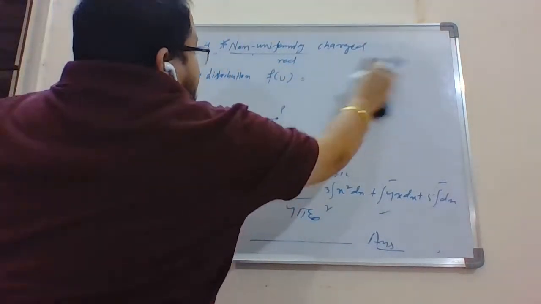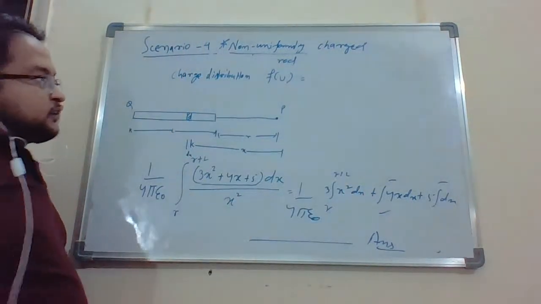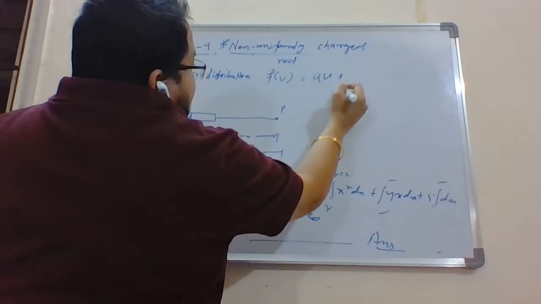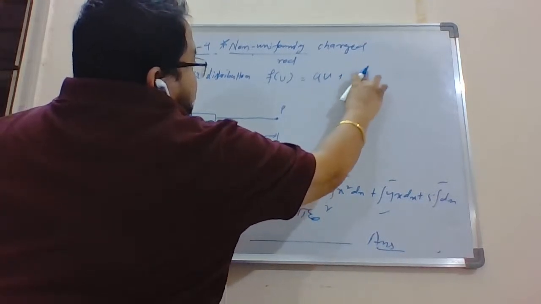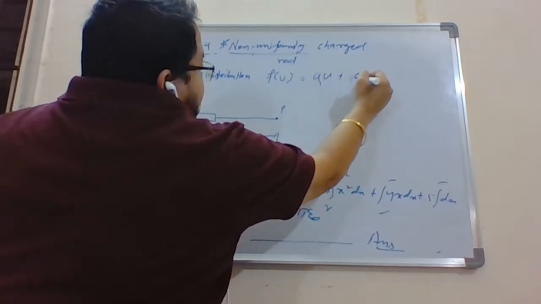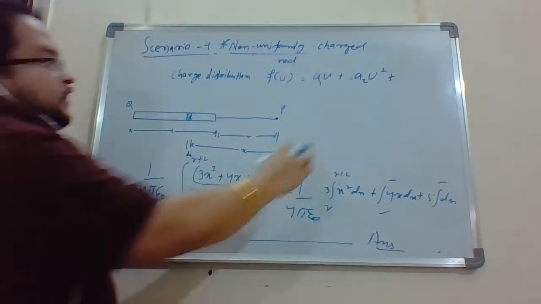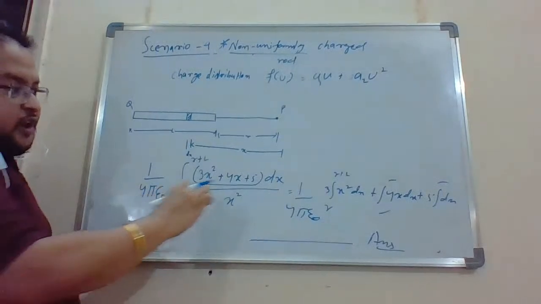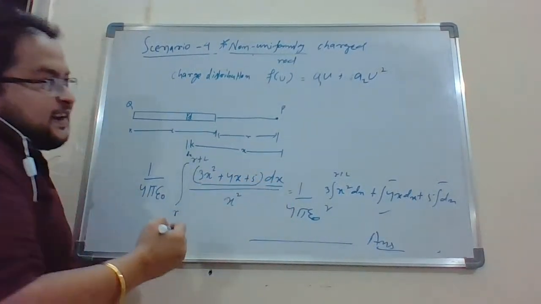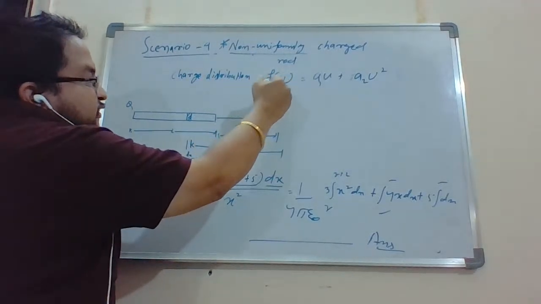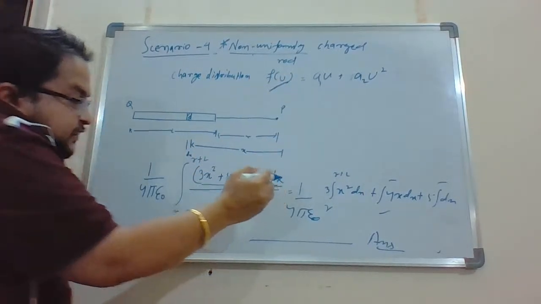So if it is given as, suppose, a1 u plus a2 u square plus something, in that scenario, if you integrate with dx, what you need to do is convert this u into x.